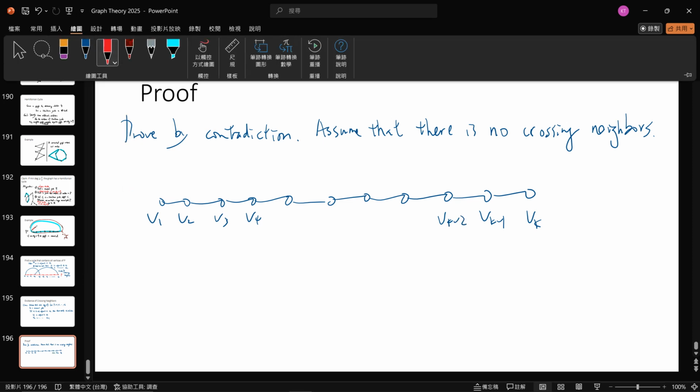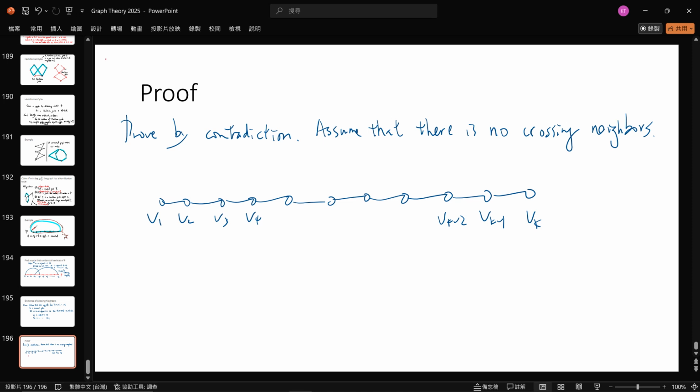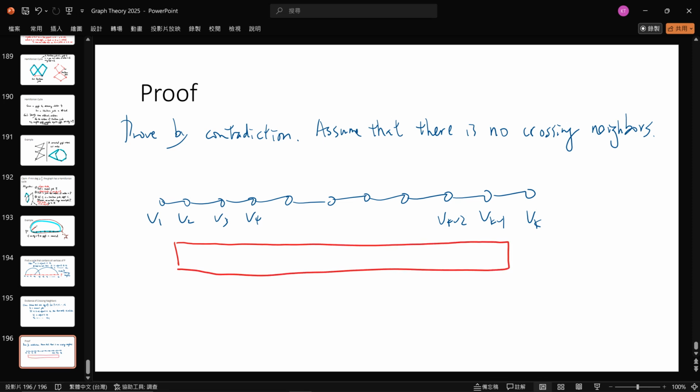So let's first consider this set, from V2 to Vk minus 1.